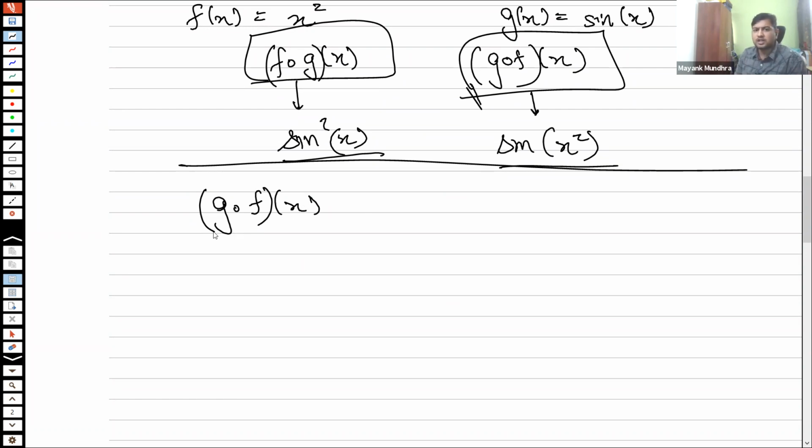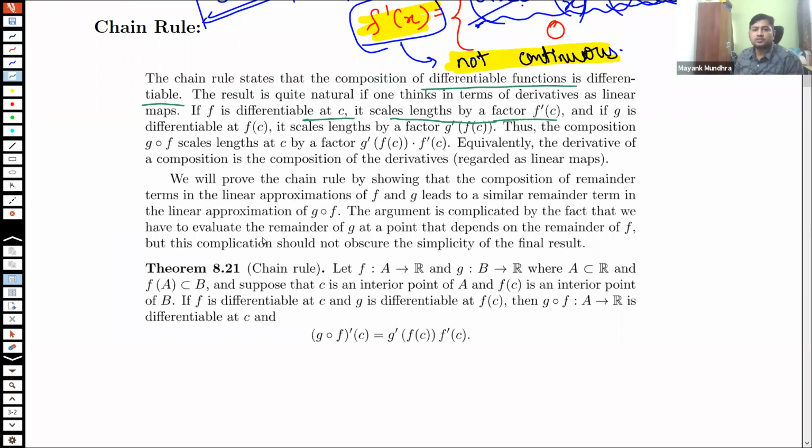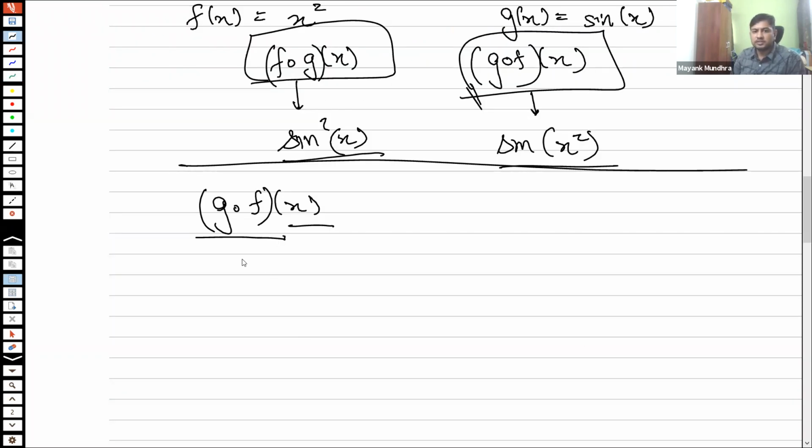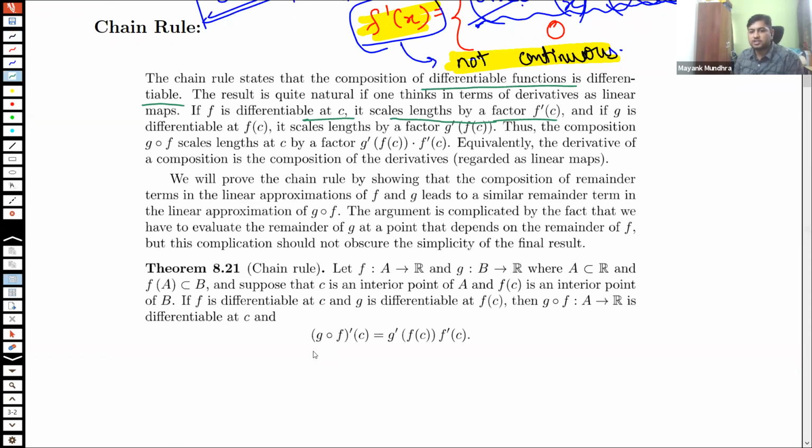The implication is how does g of f change as x changes? What is the rate of change of g of f with respect to x? So that is what I'm interested in. First of all, this theorem is saying that the derivative of g of f at c is equal to g prime at f of c times f prime of c.